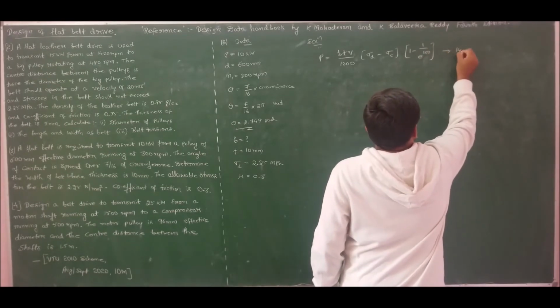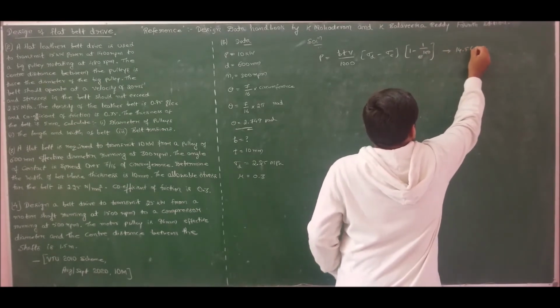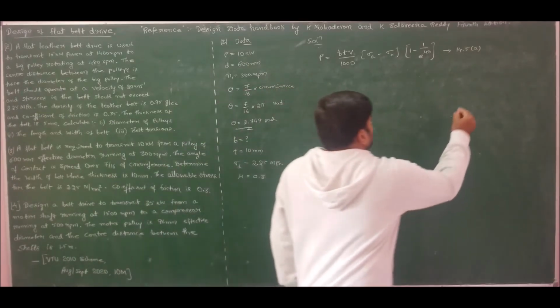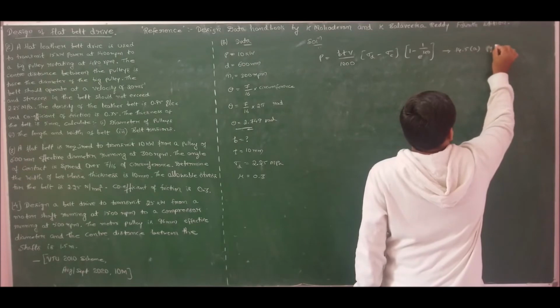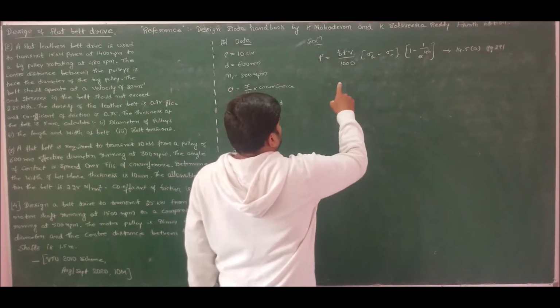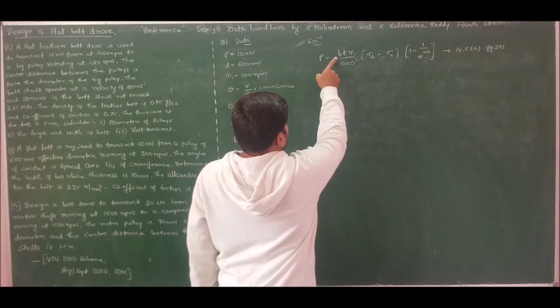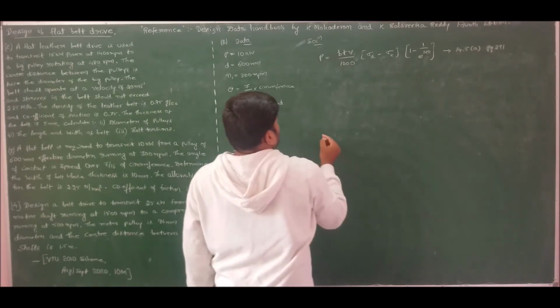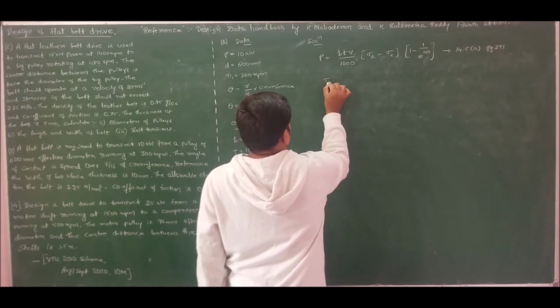This is equation 14.5a, referring to page 291 of our design data handbook. Here the unknowns are area, centrifugal stress and e power mu theta. Let us calculate one by one.